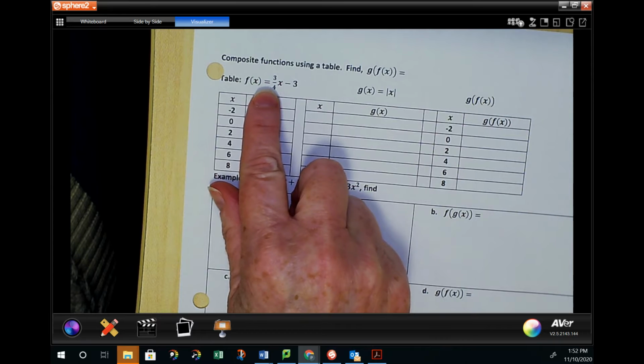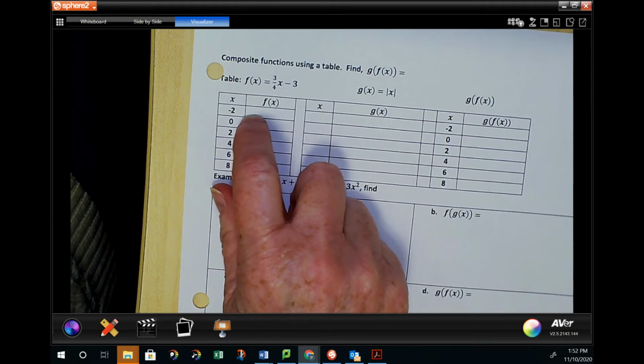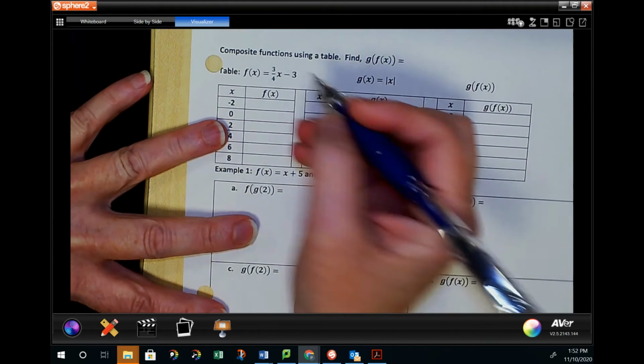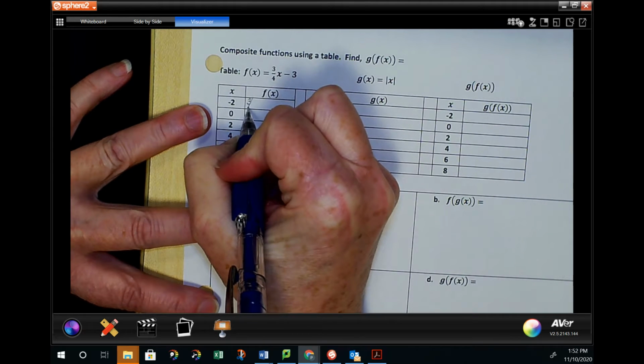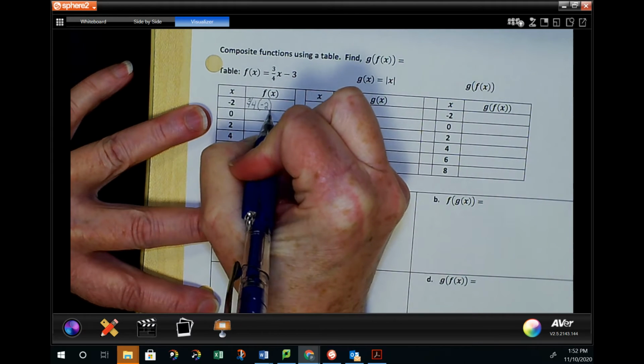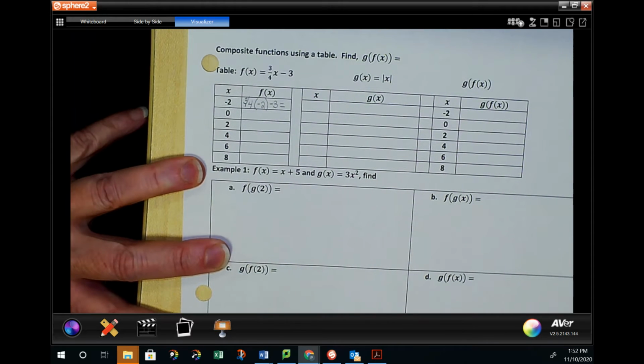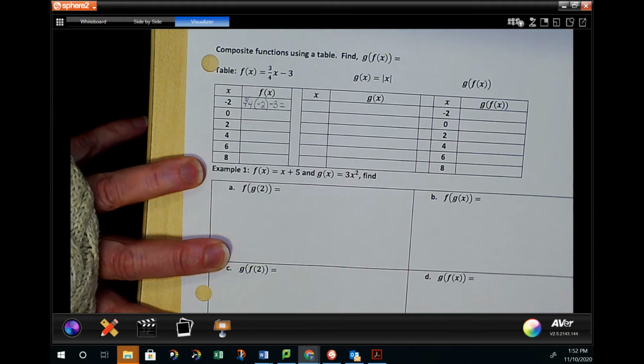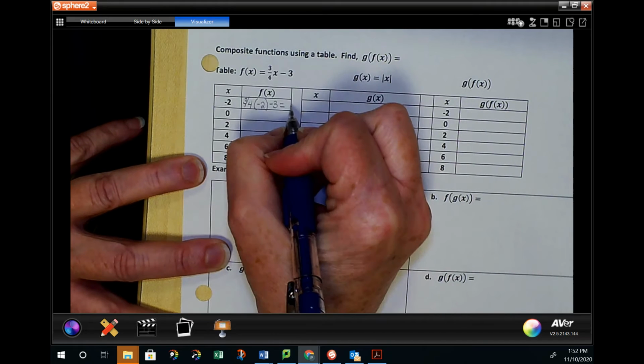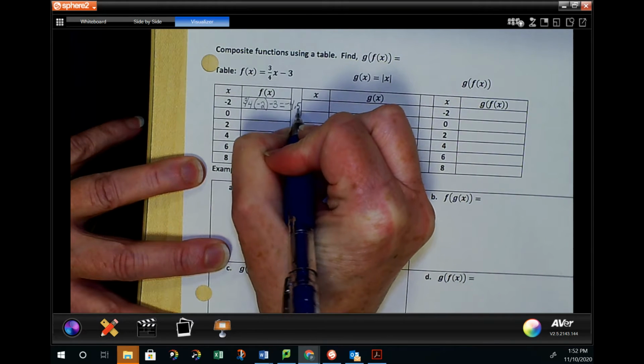So what I'm doing is plugging in my equations here. I'm going to have 3/4 times -2 minus 3, so 0.75 times -2 minus 3, and I get -4.5.